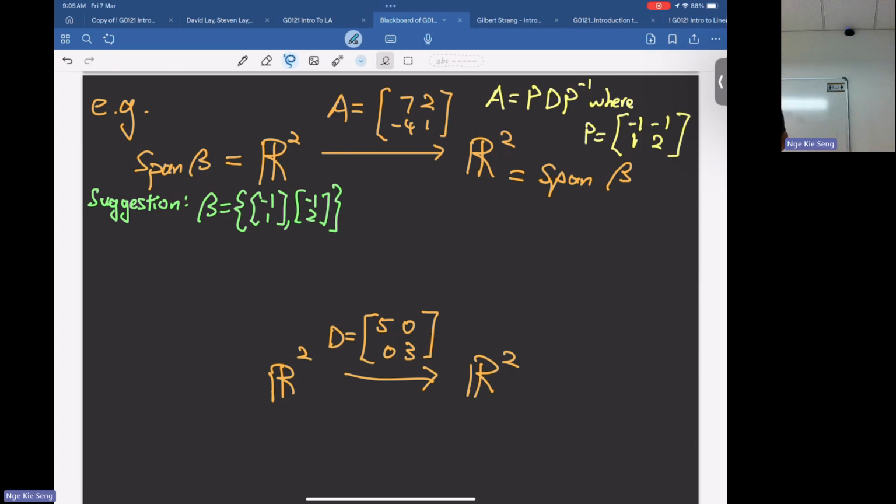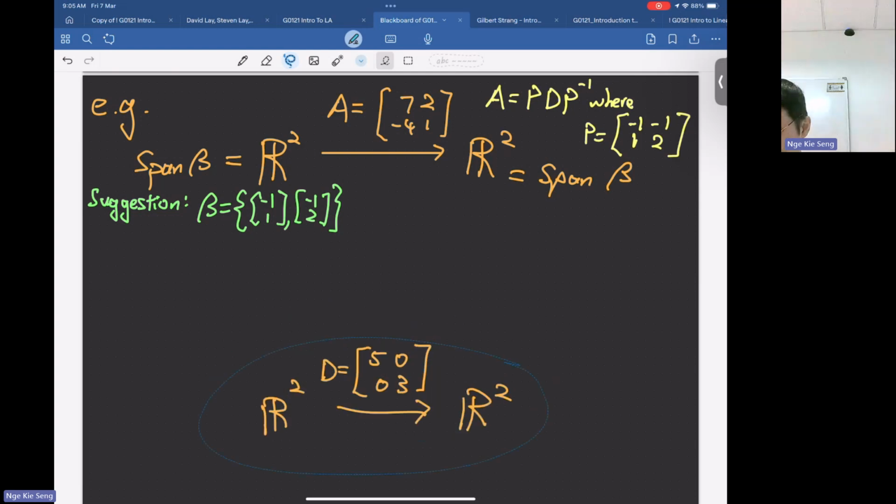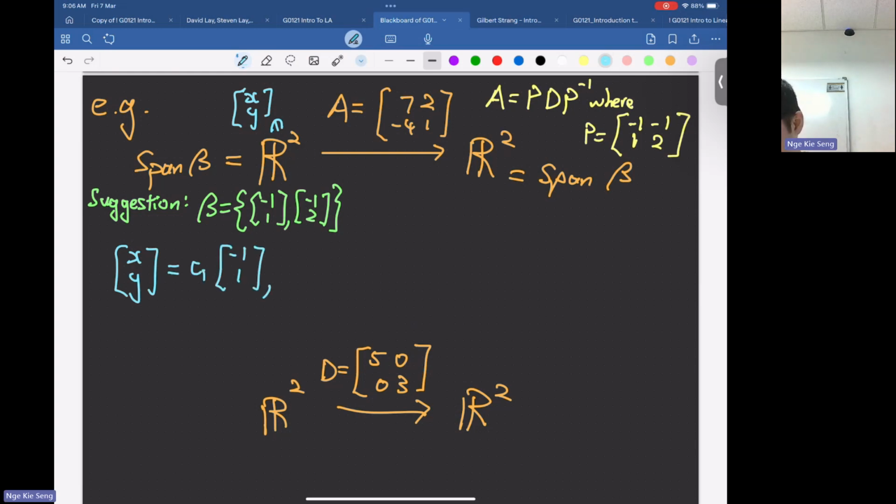So what is going on here? If we let beta be this basis, this means that if I take any (x, y) from R squared, I can write it as a linear combination of the two vectors here.